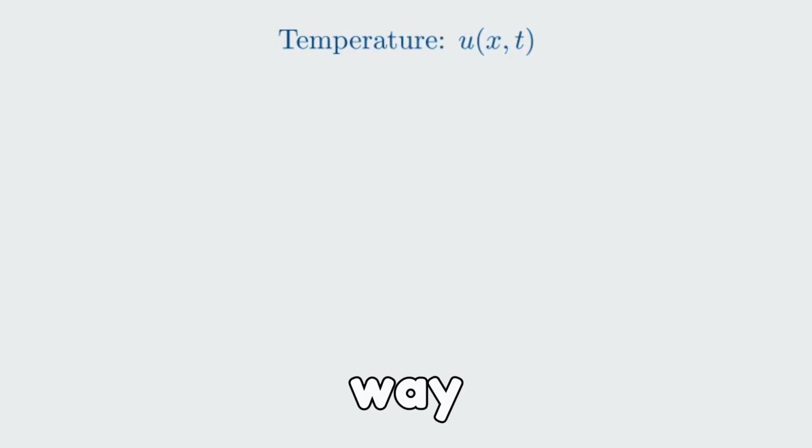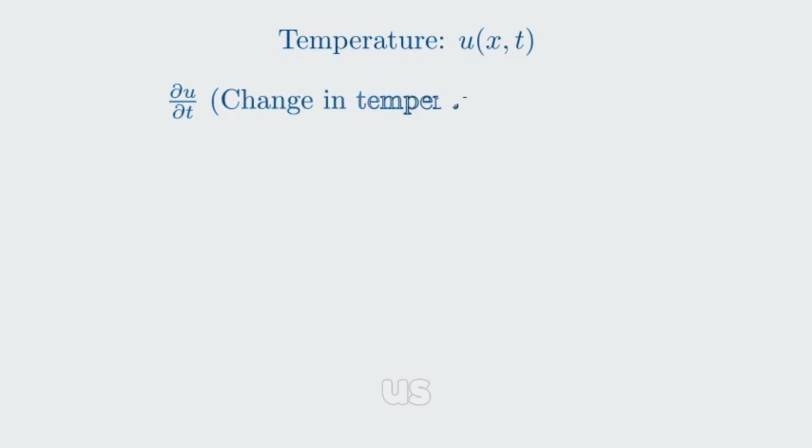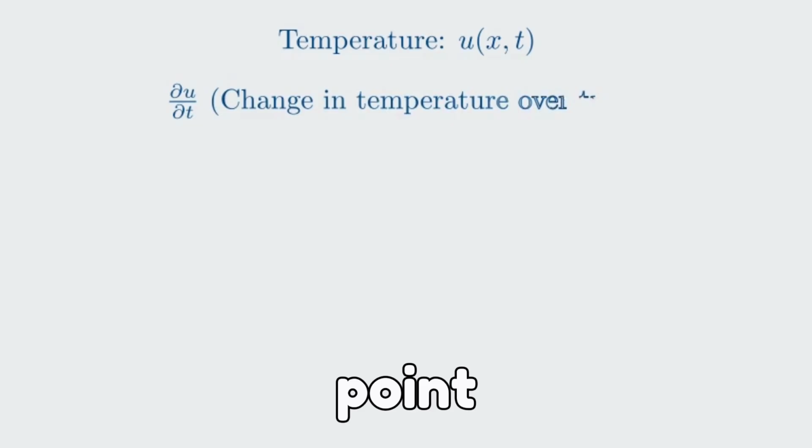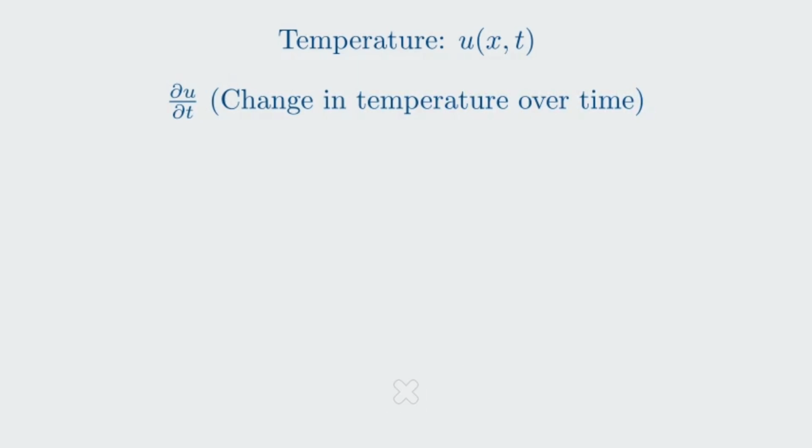In calculus, the way we describe change is with a derivative. First, let's consider the change in temperature over time. We can write the partial derivative of U with respect to t. This term tells us how fast the temperature at a specific point on the rod is changing at a given moment. Now, let's think about how the temperature changes as you move along the rod from one point x to another.